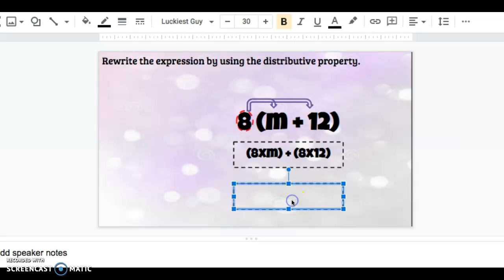So another expression that we can write that is equivalent to 8 parentheses M plus 12 is 8M plus 96.